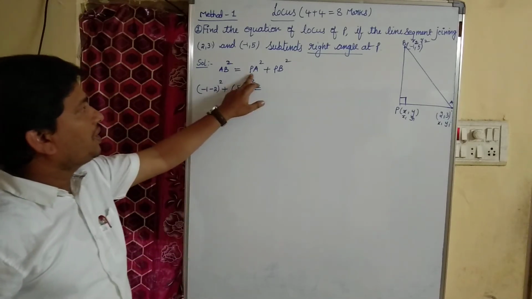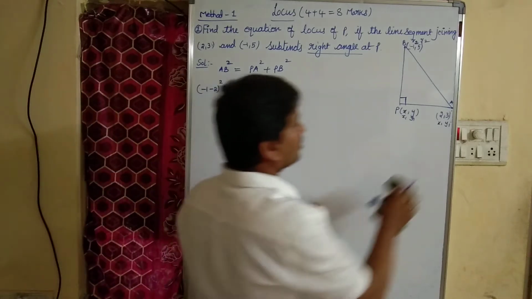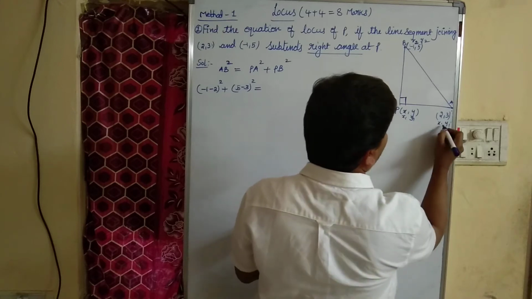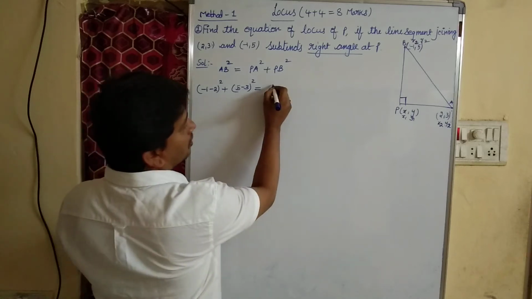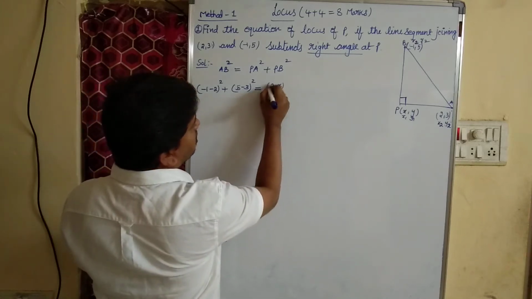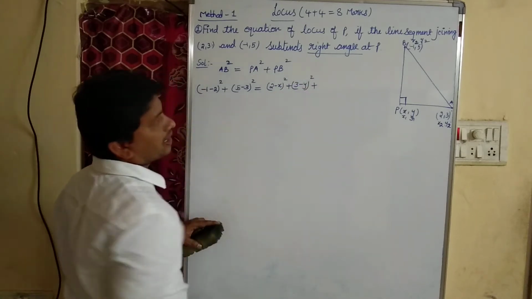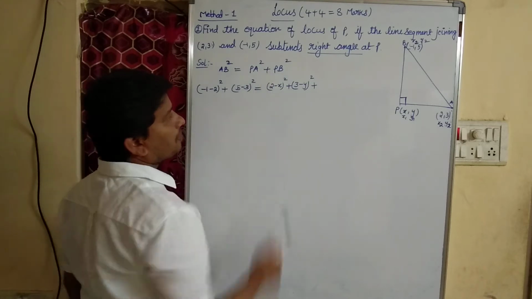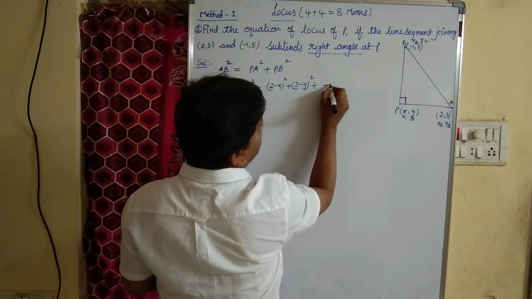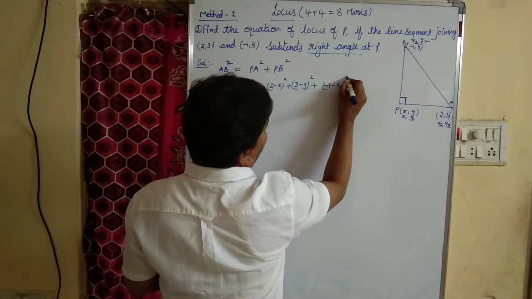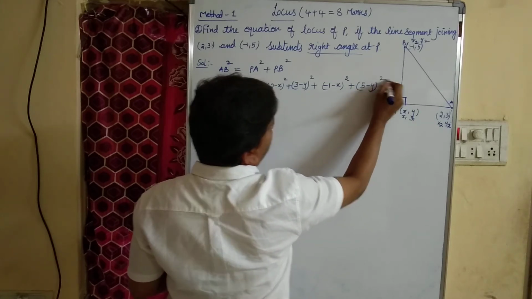now PA square, I mean distance between P and A. So P is x1, y1 and A is x2, y2. Distance between P and A is 2 minus x whole square plus 3 minus y whole square, plus distance between P and B, where x2 is minus 1 minus x whole square plus 5 minus y whole square.